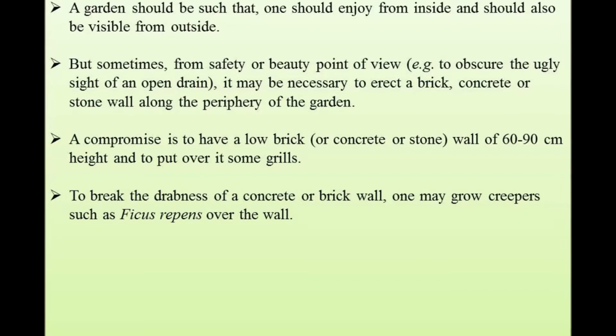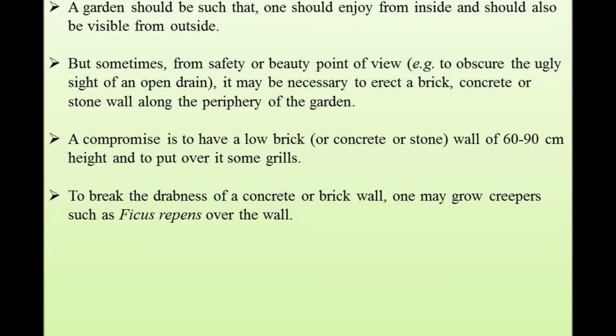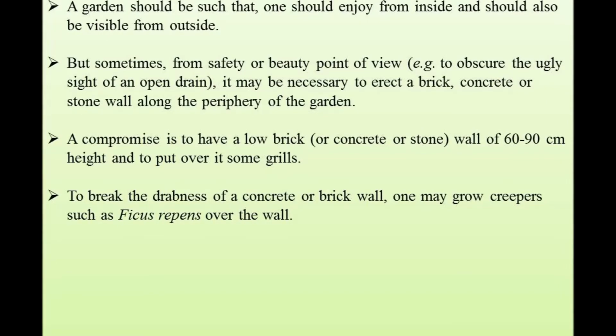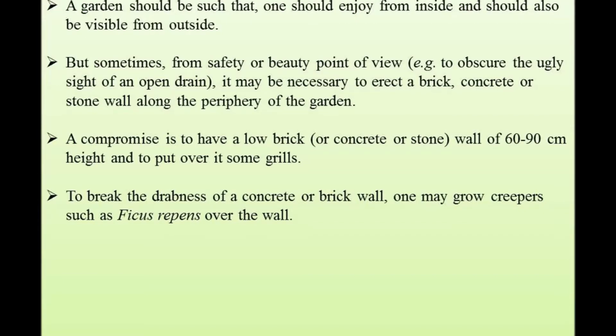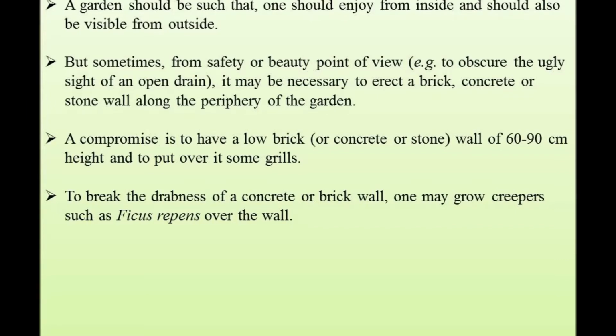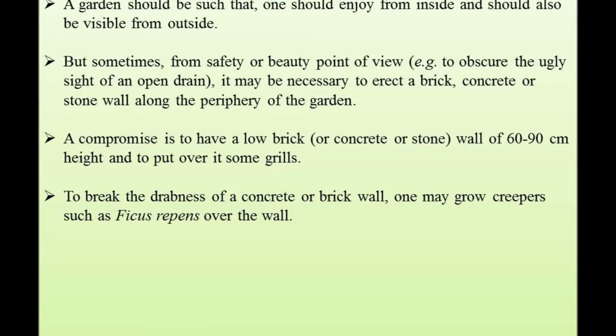Generally we can erect the garden wall up to a height of 60 to 90 centimeters, and we can put some grills over the wall. And to break the drabness of a concrete or brick wall, one may grow creeper-like plants on the wall.